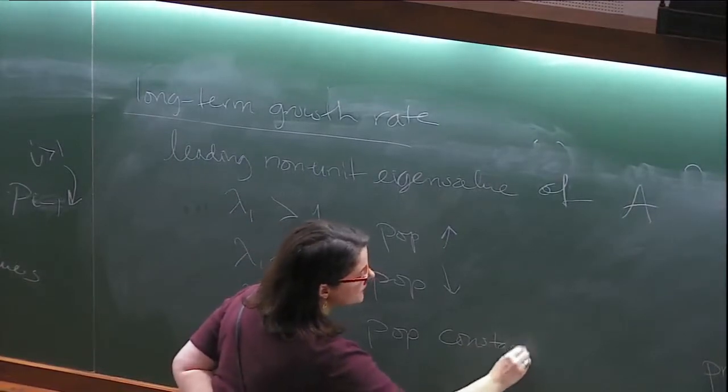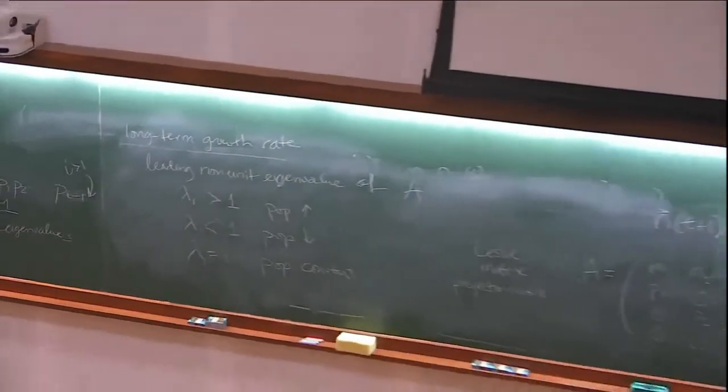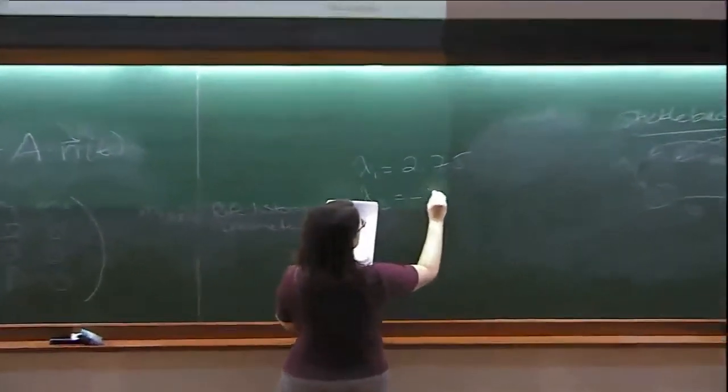So demographers often just use this. They just say, okay, what does the Leslie matrix look like? What's the leading non-unit eigenvalue? And is the population going to increase or decrease? So that's fine. For this stickleback example, it obviously has 4 eigenvalues.